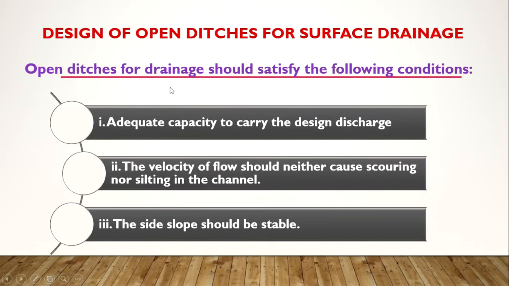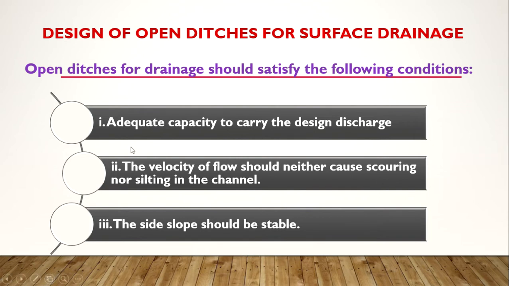Before moving on to the design, we have to consider these points. You have to satisfy these points before designing open ditches. The first one is the ditches should have adequate capacity to carry the design discharge. How much water is drained from the field? The ditches should have the capacity to carry all the water.